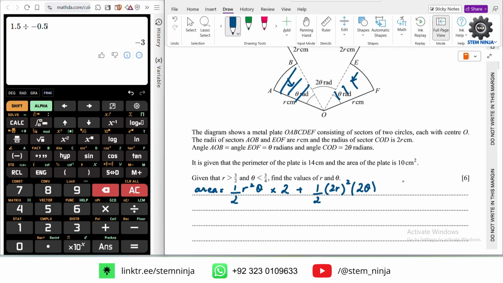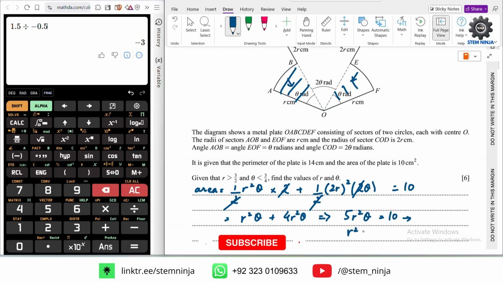Okay, this is equal to 10. You get 2 cancel out, so you get r squared theta, and you get 4r squared theta. This means that 5r squared theta equals 10, which means your r squared theta is 2.